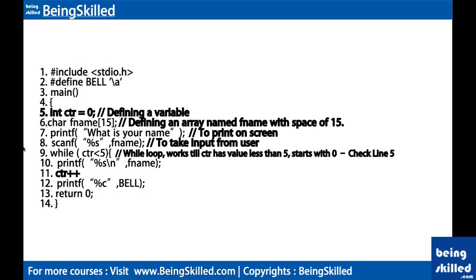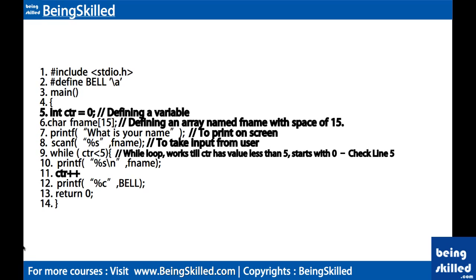Now there is a loop which says while CTR is less than 5, which means that the loop will run till the value of CTR is less than 5. In every pass it will print the name which we have typed, then the value of CTR will increase by 1, and in line 12 we can see there is a bell, so it will ring the bell of the terminal and then it will go back.